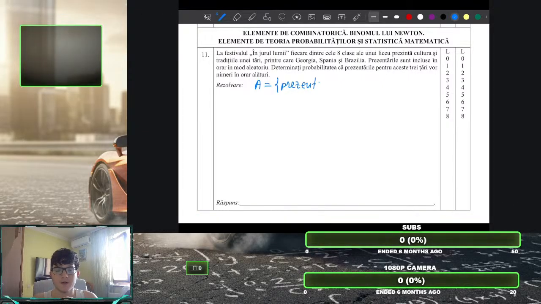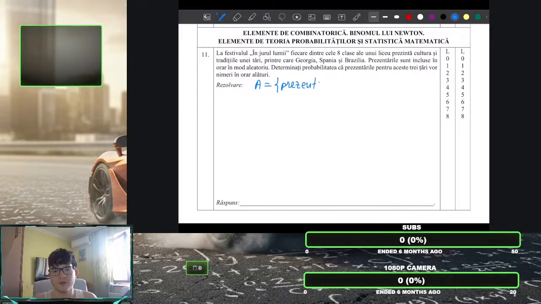We have this exercise here, exercise number 11. There's a festival, and each of the 8 classes of a lyceum will show their culture, and there are 3 countries.